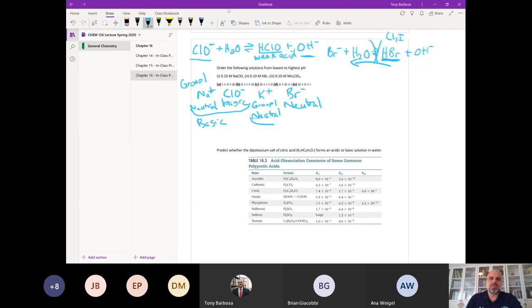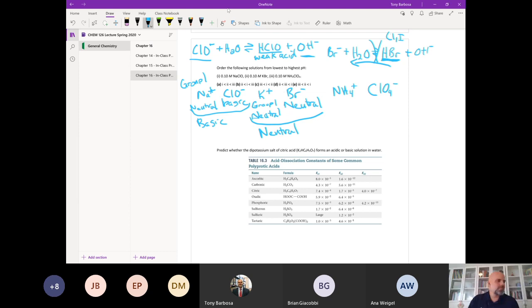Because they're both neutral, we end up with an overall neutral solution. And we have our last one. We have the ammonium ion, and we have our perchlorate ion.